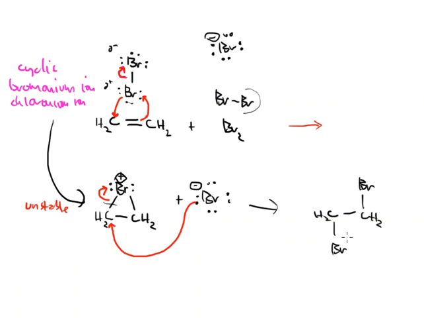So formation of a cyclic bromonium or chloronium ion, that cyclic structure is unstable, and that will allow a reaction to happen again. And what we say here is that it creates a vicinal bromide or a vicinal chloride.